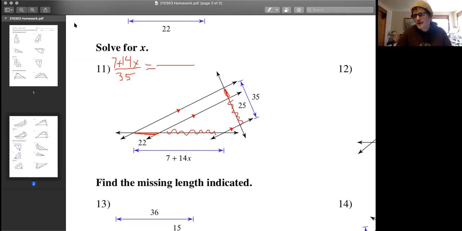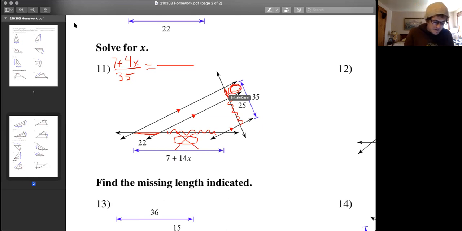And I don't know it right now. So I can look at this and I can figure out this one, this length right here is going to be very hard to figure out. Not very hard, we can do it, but it's just going to be challenging because I don't even know what that length is. That's what I'm solving for. So maybe I just ignore this one. What about this one right here?